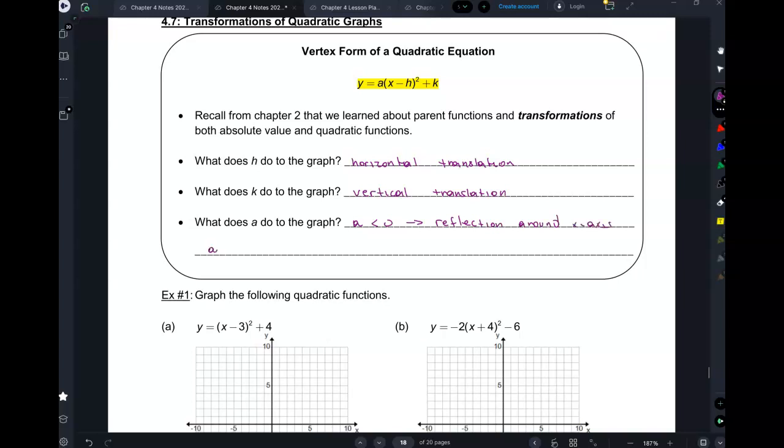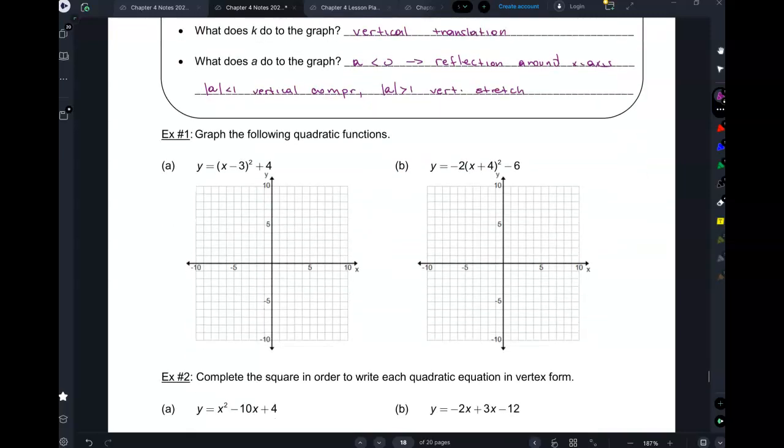If the absolute value of a is less than 1, it's a vertical compression. If the absolute value of a is greater than 1, it's a vertical stretch. Both of those together, the umbrella word, is a vertical dilation, right? Less than 1 compression, greater than 1 stretch.